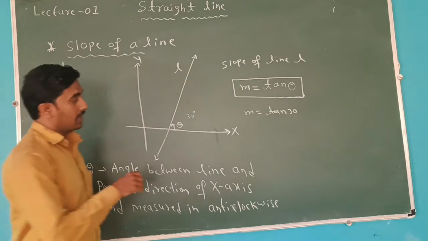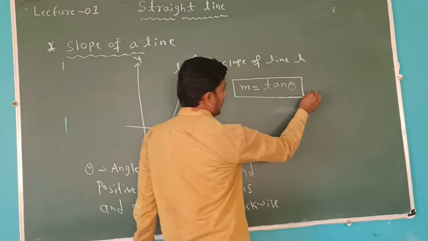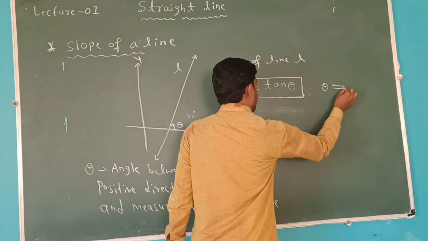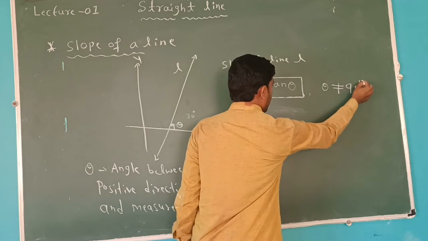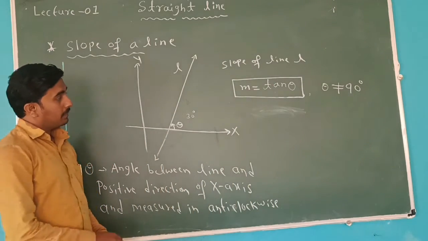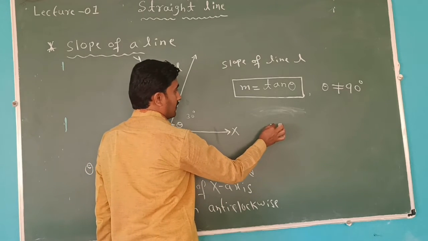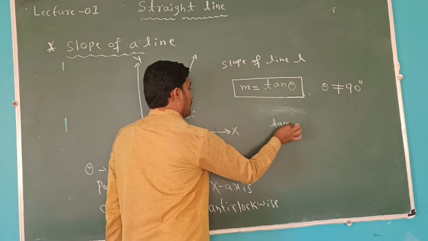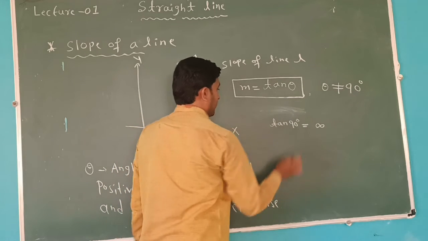One more condition is that theta is not equal to 90 degrees. Why? Because if theta is 90 degrees, then the slope becomes tan 90 degrees, which is not defined.